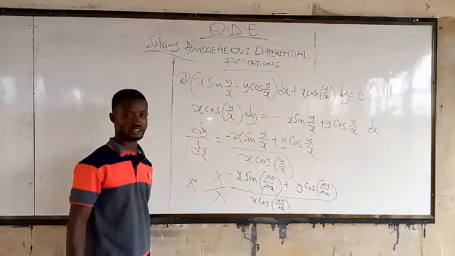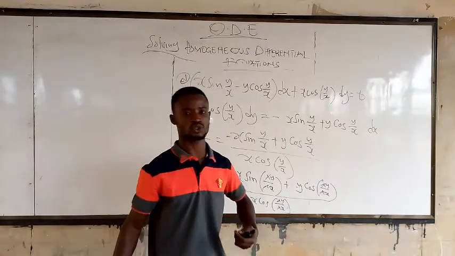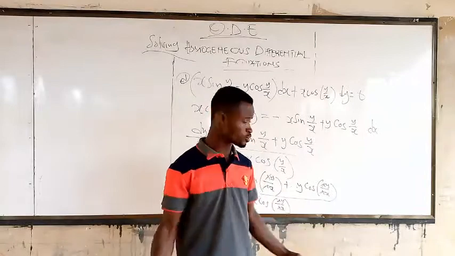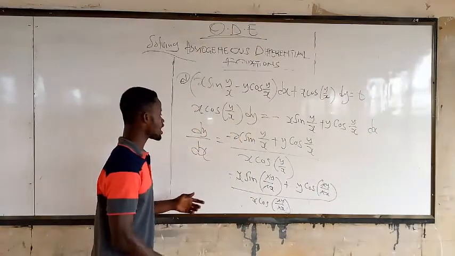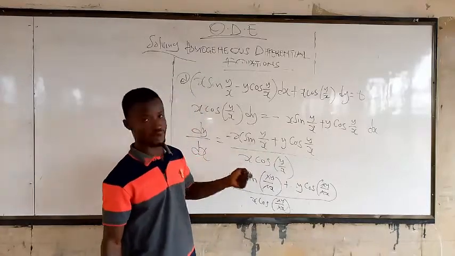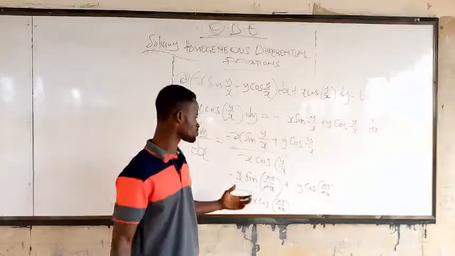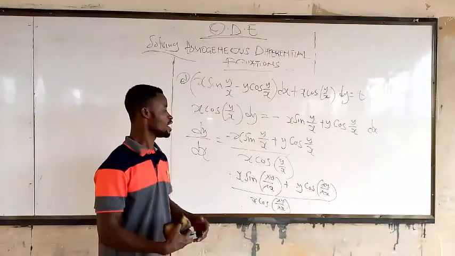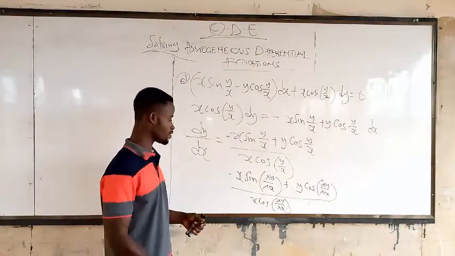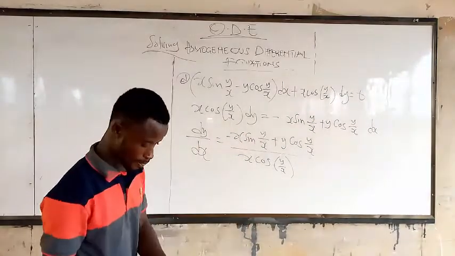Therefore, we can now transform it to a separable differential equation and solve it. So you have realized that it's not always that when we have a trigonometric function in, that means that it's going to be not homogeneous. It depends, alright? So let's move on and do our steps.